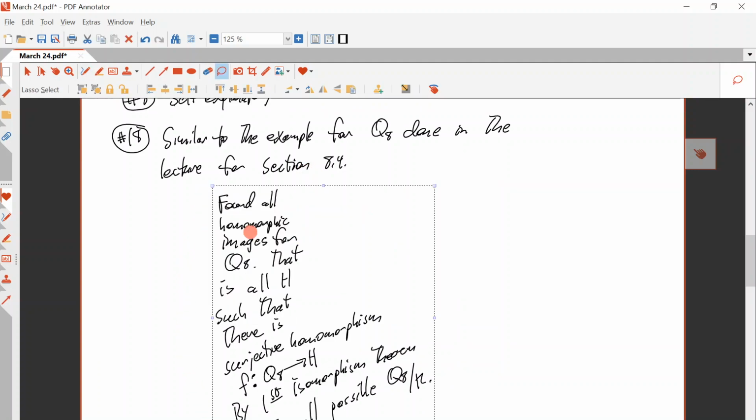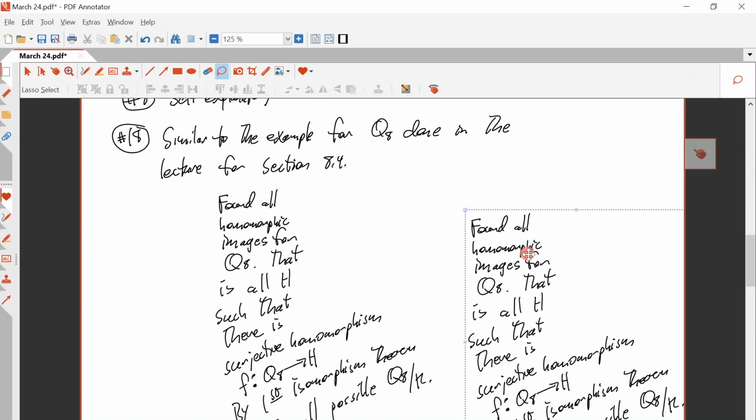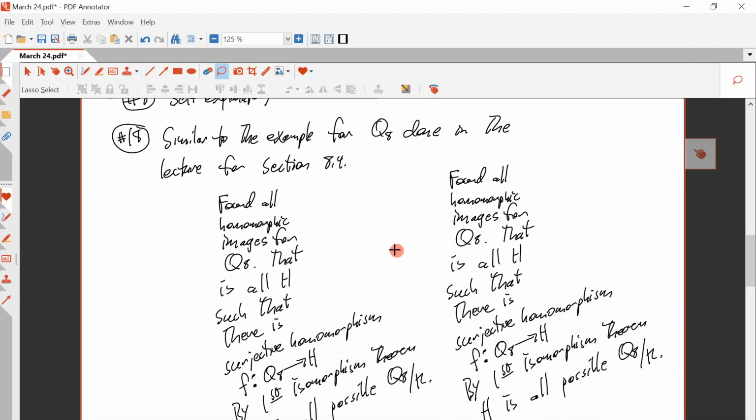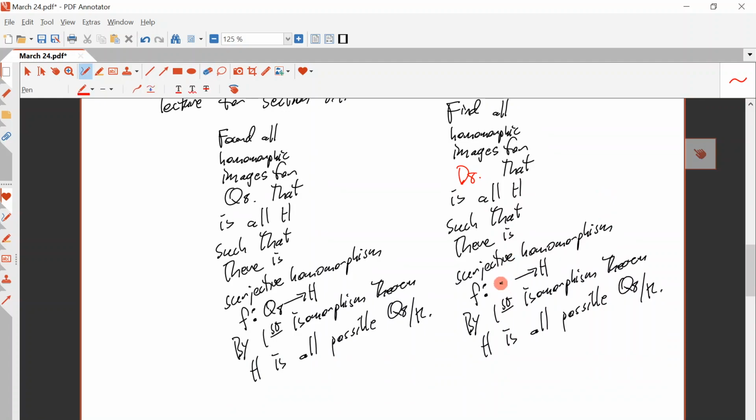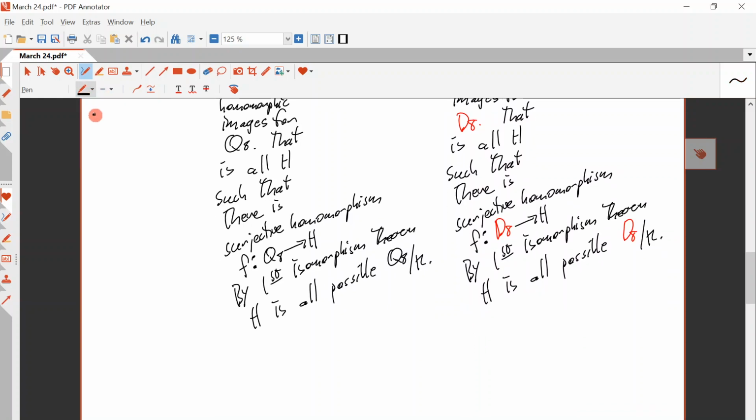And number 18 is do the same thing for D8. So not found, but find all homomorphic images for D8. That is, all H such that there's a surjective homomorphism from D8 to H. Right? In other words, all quotients, D8 mod K. But one caveat to this, right?